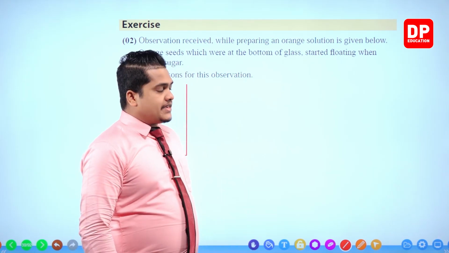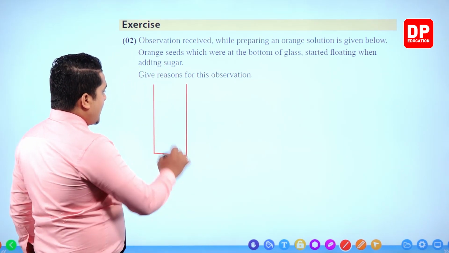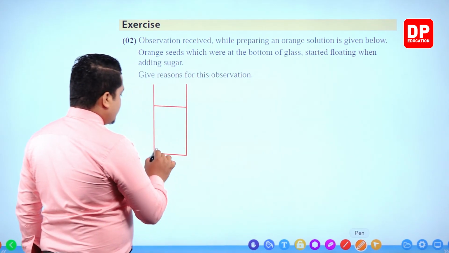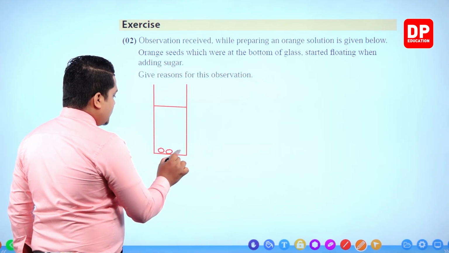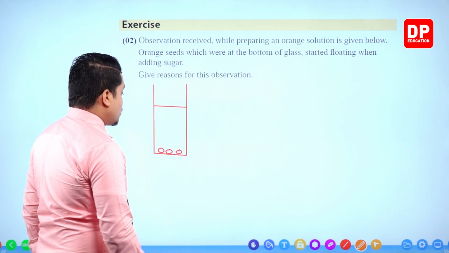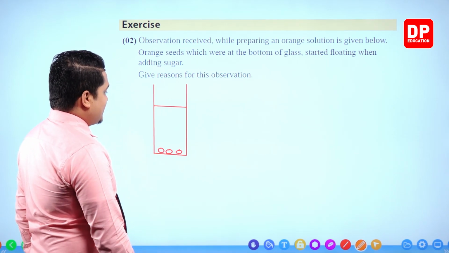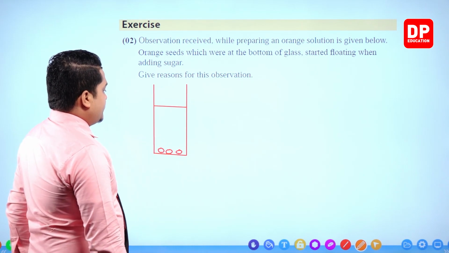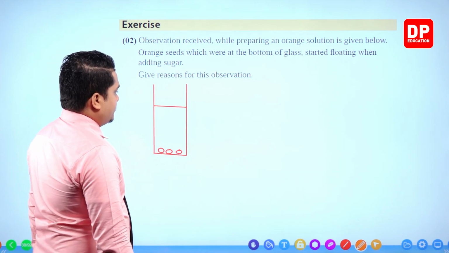So here it is given the stage where the sugar hasn't been dissolved yet. Orange seeds are at the bottom.